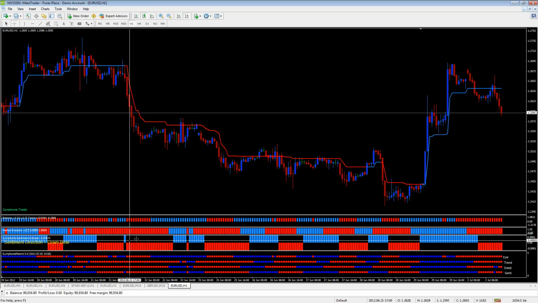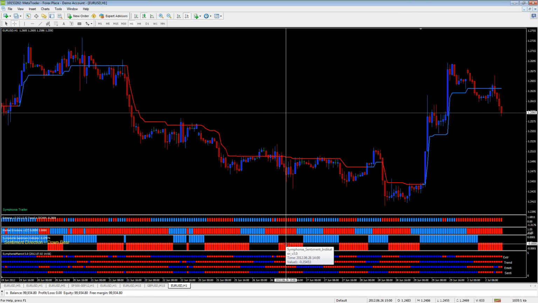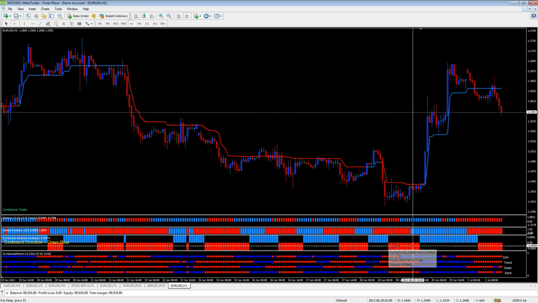And you can see the direction here. The direction also gives us long moves, long sentiments, but it's the most lagging indicator. You can see it's almost always lagging behind the market sentiment and the market emotion and the market extreme.